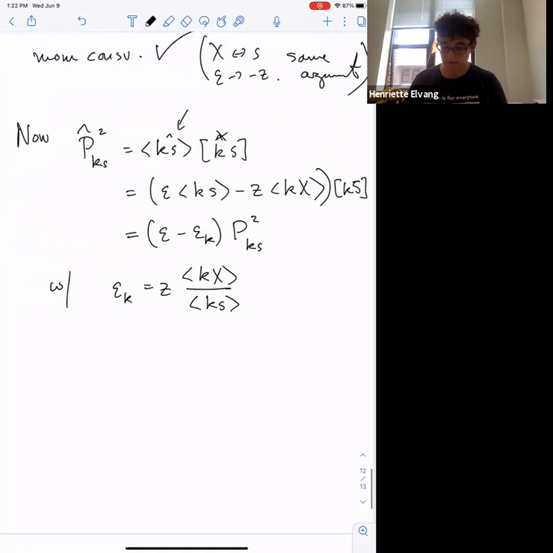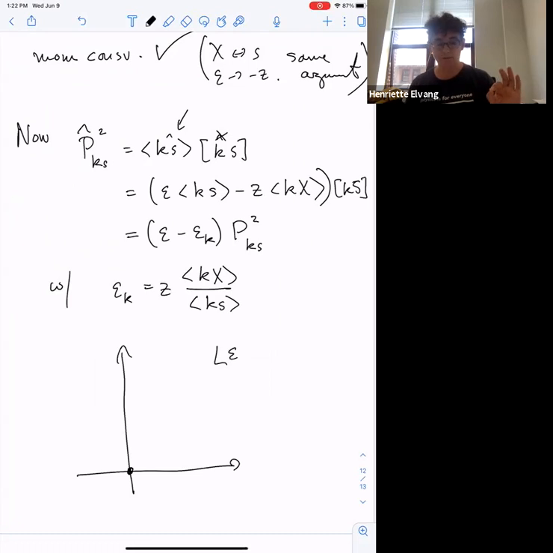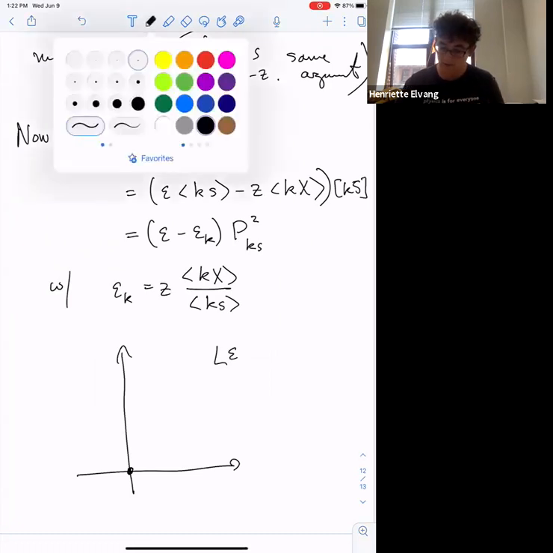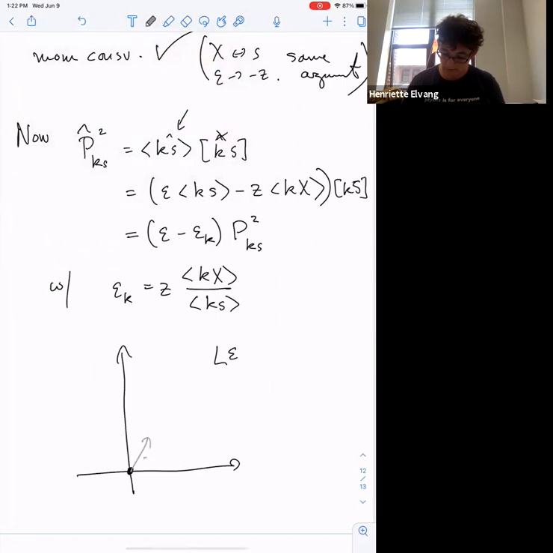So what's the point? Let me try to draw a picture of what we have now. So here is my complex epsilon plane. And before I had all my poles located at epsilon equal to 0, but now I've moved them away. By having a non-zero z, I'm shifting them off, so that I have epsilon 1 there, maybe epsilon 2 there, epsilon 3 here at some other point, and epsilon n, etc. up there.